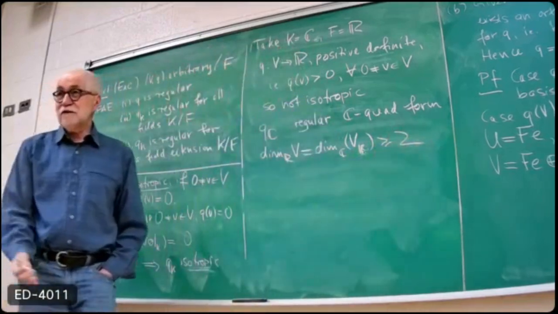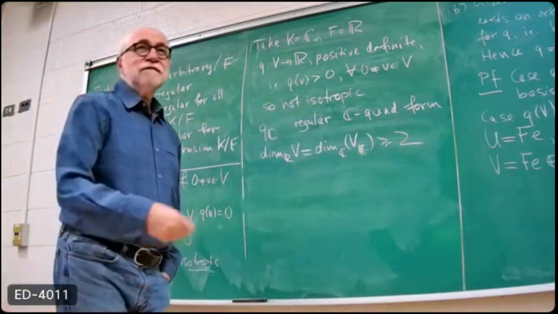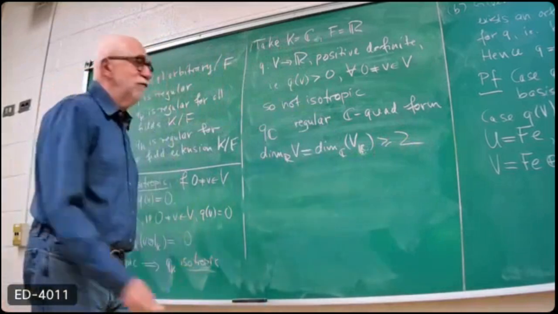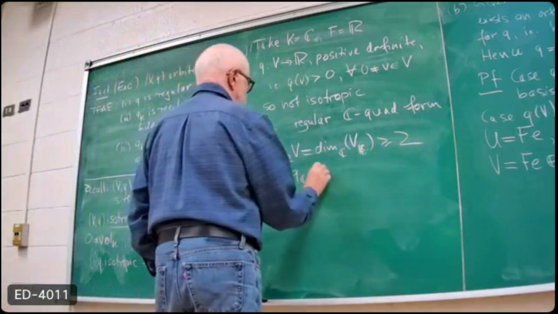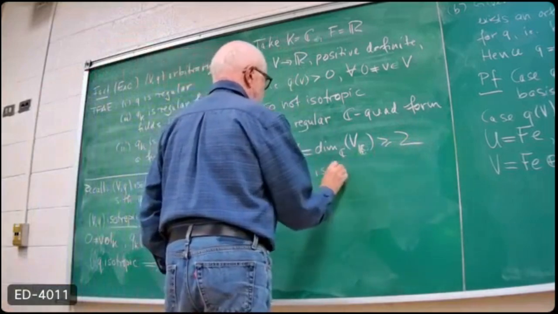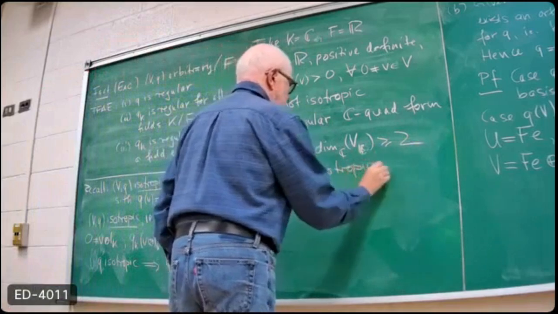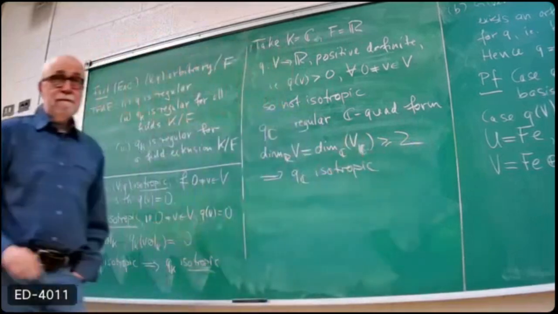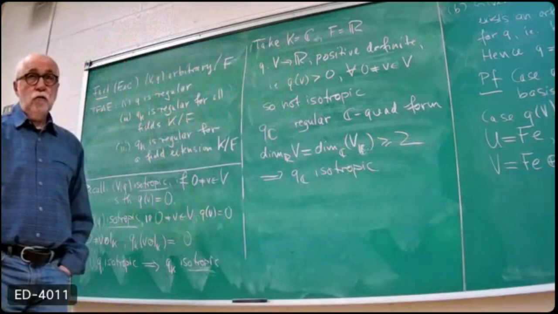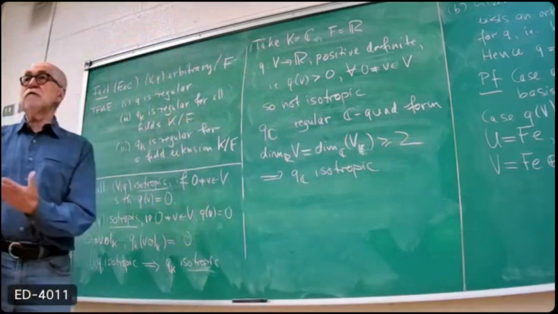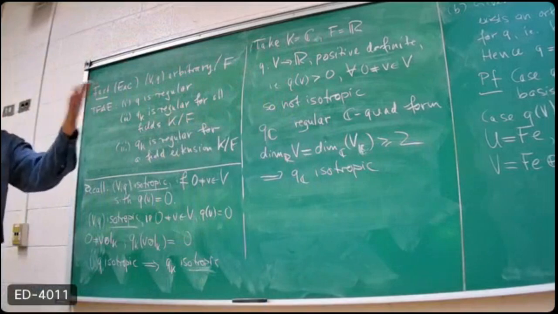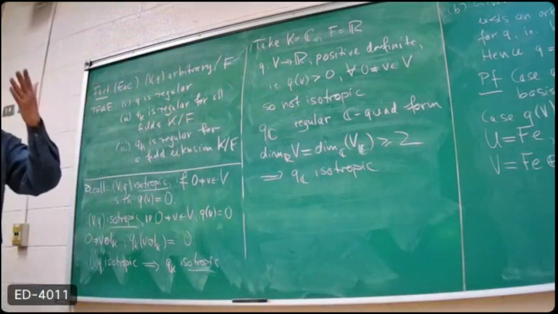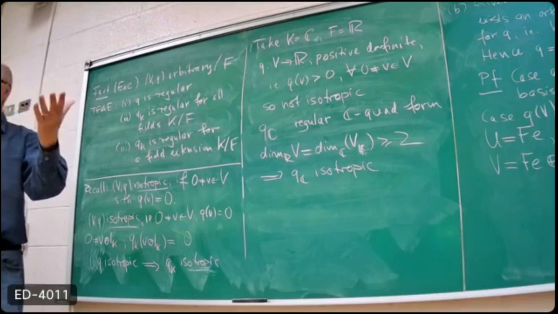As I said last time, using some heavy machinery like the Nullstellensatz, there is then a non-zero vector with Q of it zero. So we started with something which is not isotropic, and we concluded that there was an extension where the form becomes isotropic.